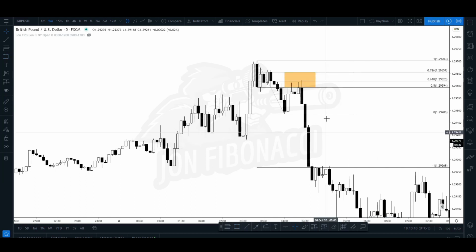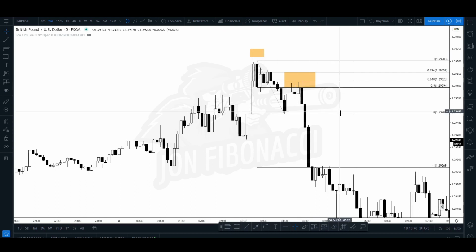So the best scenario would have been a 61.8, obviously, because this is hindsight, but assuming that we just got in early at the 50%, your stop loss can go at the high because that liquidity's already been taken. So I doubt there would be any more liquidity up here enough for the market to come up and grab those stop losses. Since we already grabbed stops over here, what reason would they go for stops again?